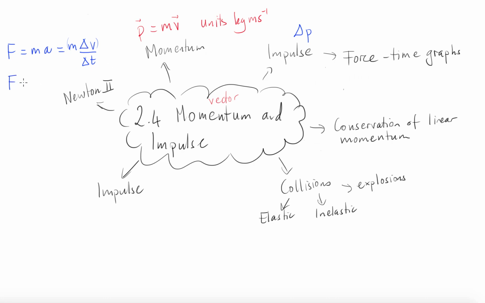So F, the resultant force, is equal to the change in momentum divided by the change in time, because mass times a change in velocity is the change in momentum. So we can express Newton's second law in terms of the rate of change of momentum. The resultant force, if there is a resultant force, will be the same as the rate of change of momentum.